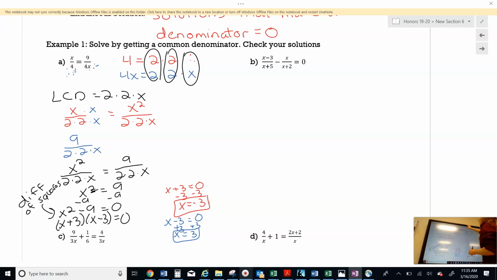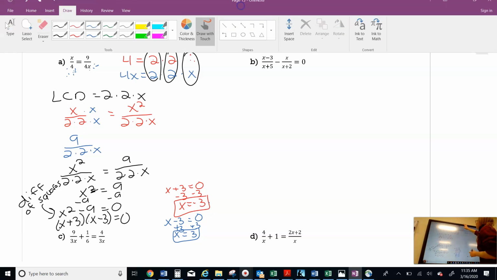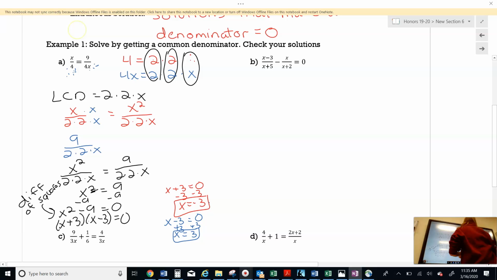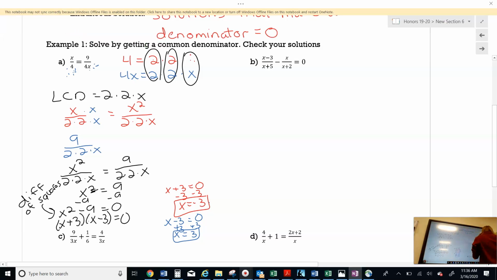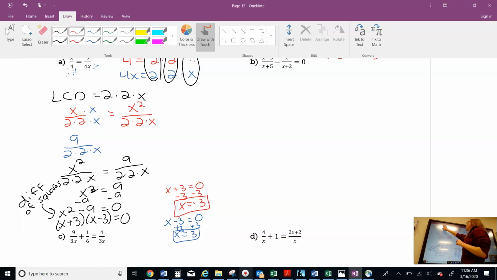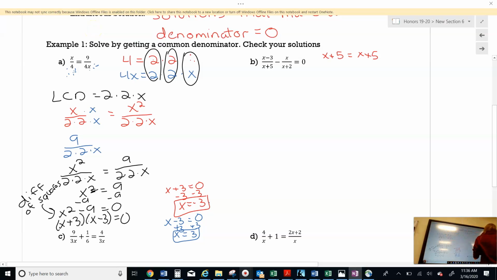All right, looking at B, we have x minus 3 over x plus 5 minus x over x plus 2. Well, this should be fairly simple, as x plus 5 just equals x plus 5. It's linear, it has no common factor, so there's nothing I can do there.